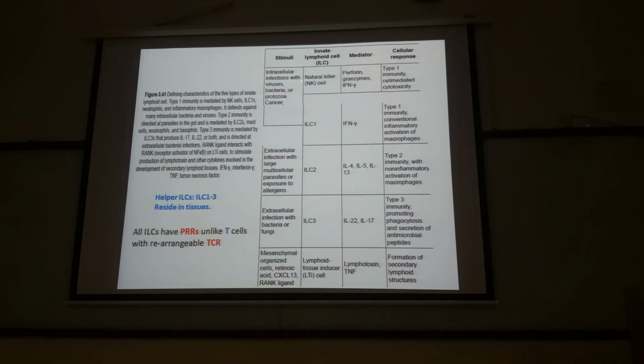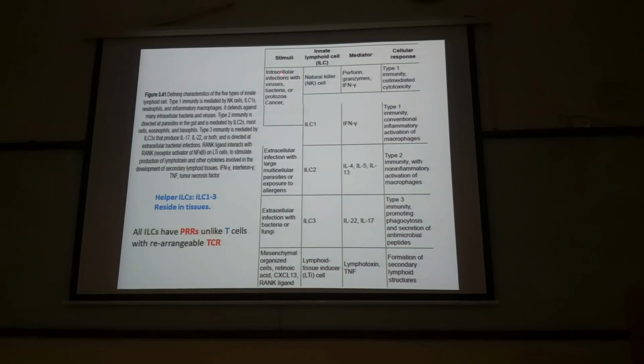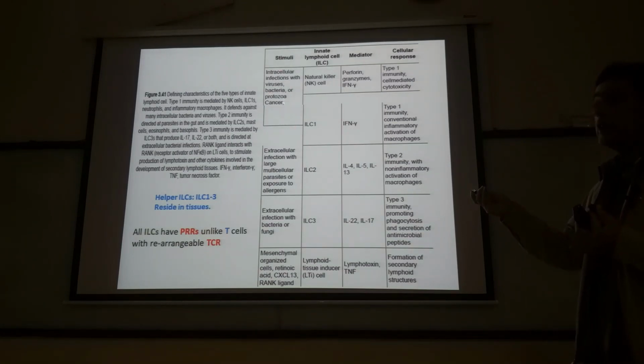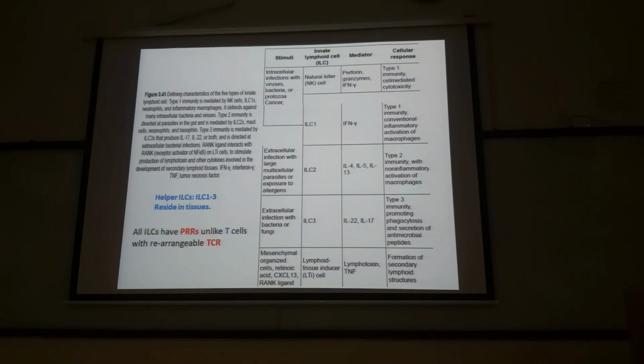So if there is intracellular infection with viruses or bacteria or protozoa, or if there is cancer, in all these cases, the innate lymphoid cells that are involved in giving this immediate response against all these pathogens or the cancerous situation would be the natural killer cell and the innate lymphoid cell 1, ILC1.